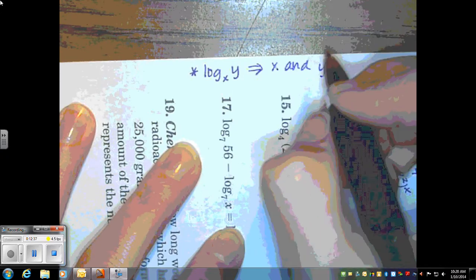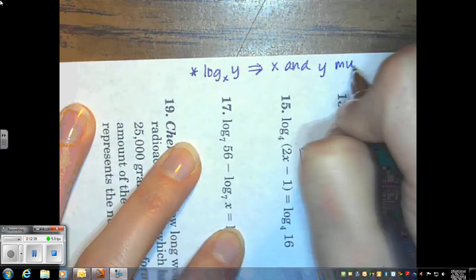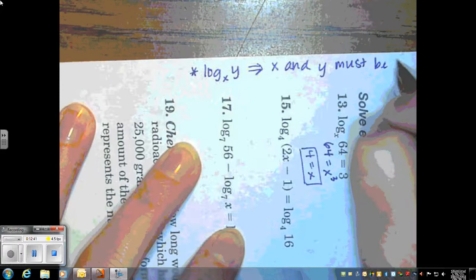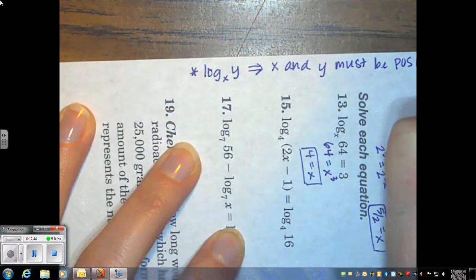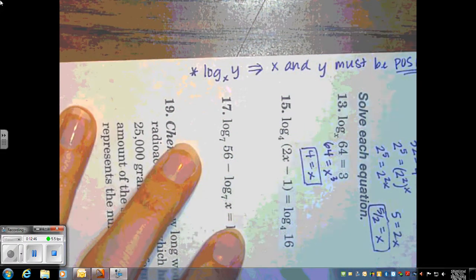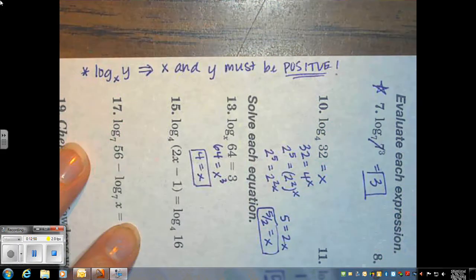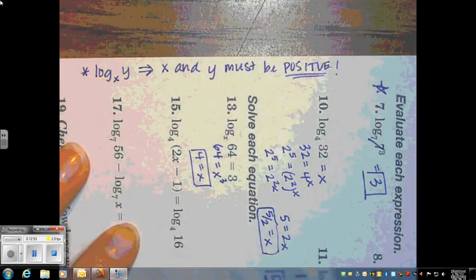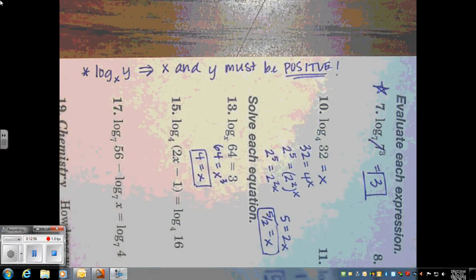The x and the y, whatever those numbers are, must be positive, or it's undefined. You can't have a log base that's negative, and you can't have a log of something that's negative. Questions?